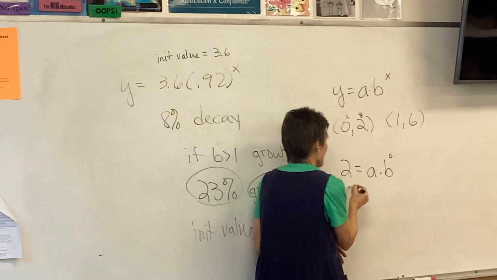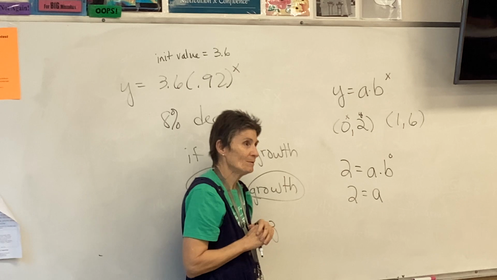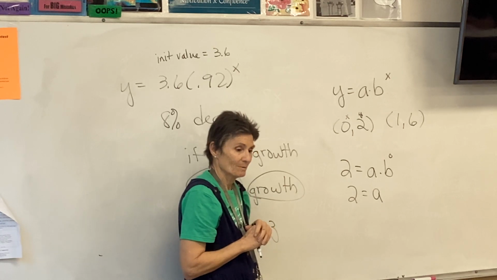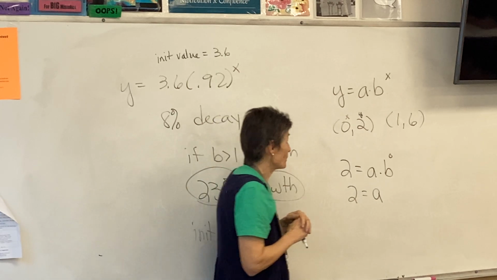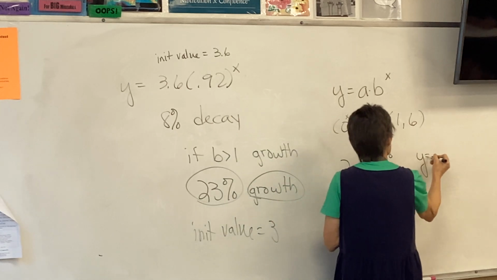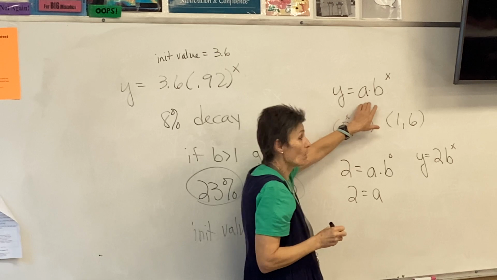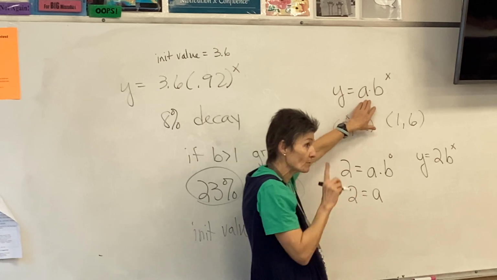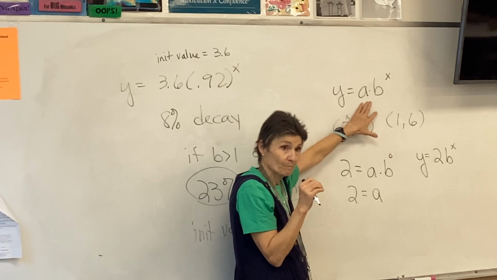That's 1. So if that's 1, then don't I know my initial value? Is my initial value 2? So now I can go back and put 2 in for A. So now I know that A is 2. Always start with the point that has a 0.